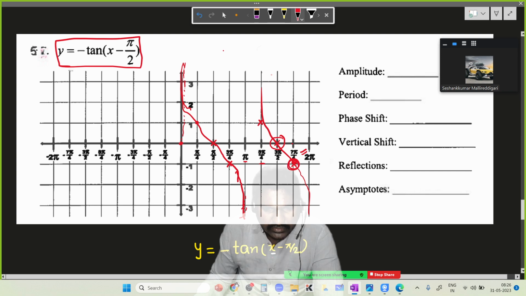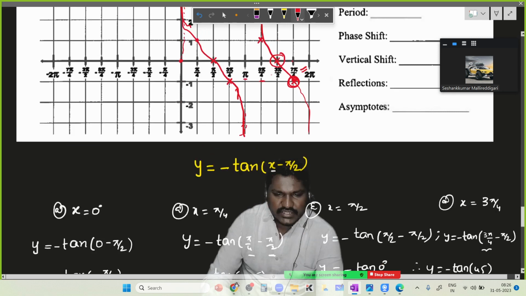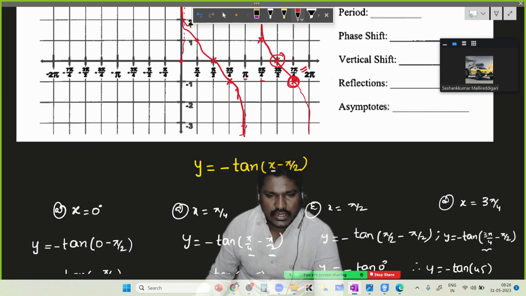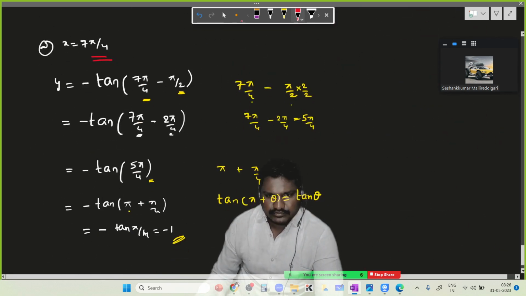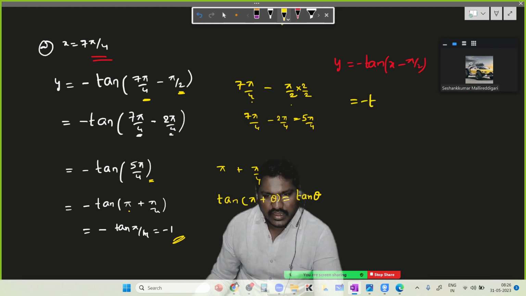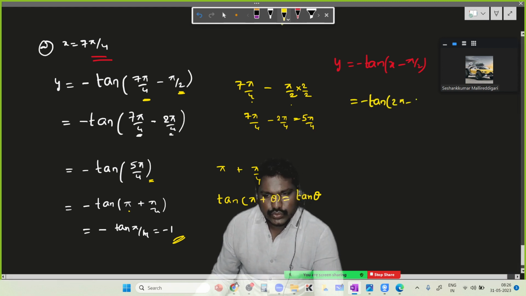And at 2 pi it is pretty simple because we just have to replace x with 2 pi. So y is equal to minus tan of x minus pi by 2. We substitute the value 2 pi, so 2 pi minus pi by 2. It will become minus tan of 4 pi minus pi over 2, which is 3 pi by 2.